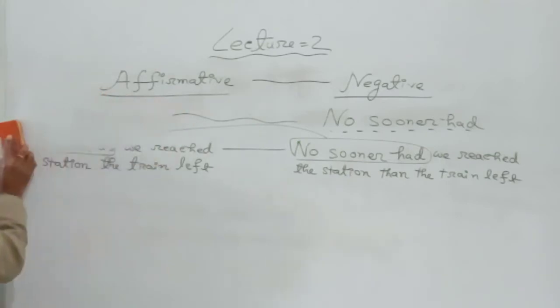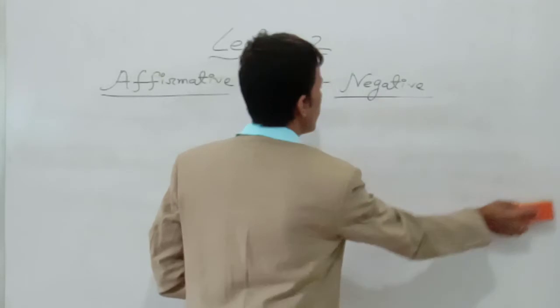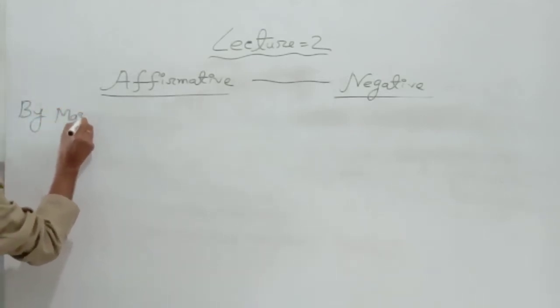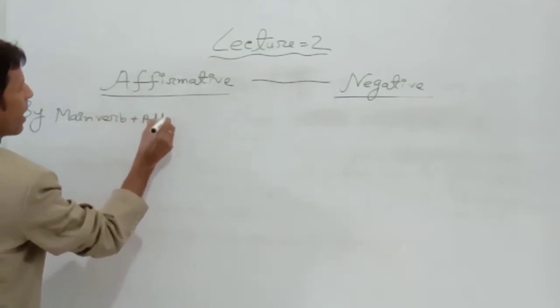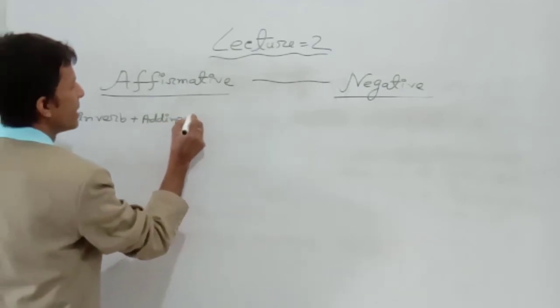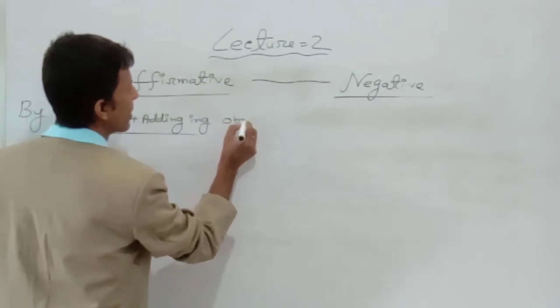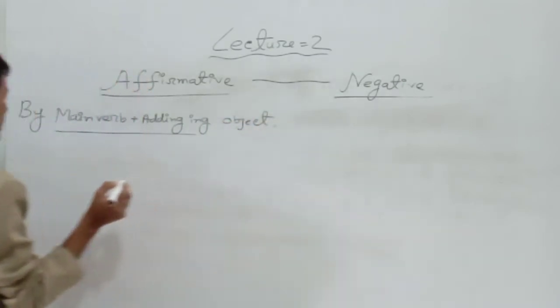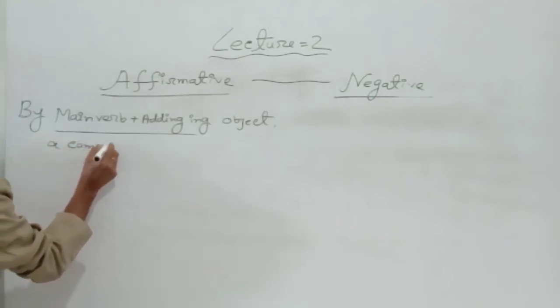In the next example, you will come to know about the using of by and present participle. By, main verb adding ing, then object, a complete sentence.